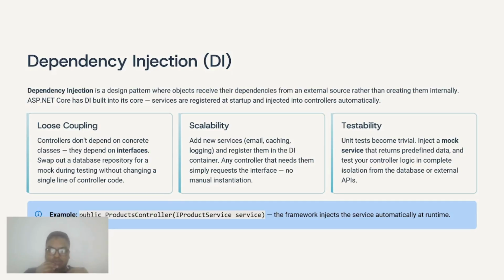There are some disadvantages, of course, because we are modifying the existing class a bit. But as I mentioned, loose coupling means components are independent of each other. It improves scalability because services can be easily added, and most importantly it makes testing easier by allowing mock services.